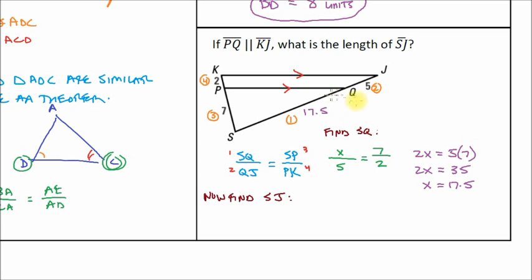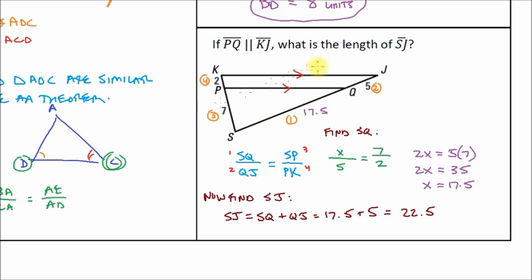To find that SQ first, and here's where we found it right here. Now we're going to find SJ. SJ is equal to SQ plus QJ. And SQ is 17.5 and QJ is 5. So SJ must be the sum of these two, which is 22.5.